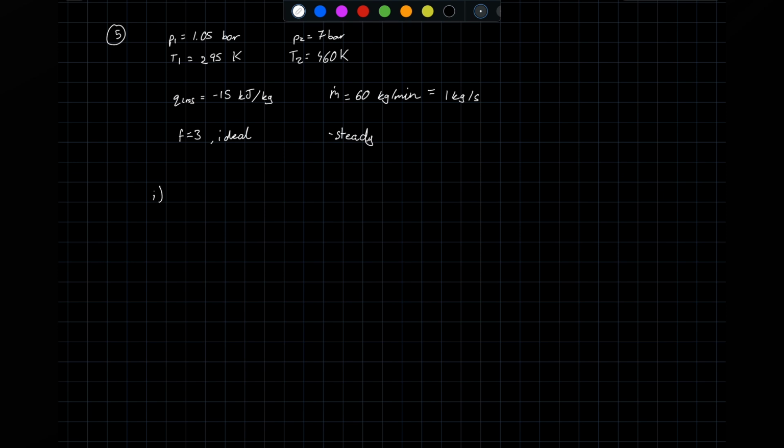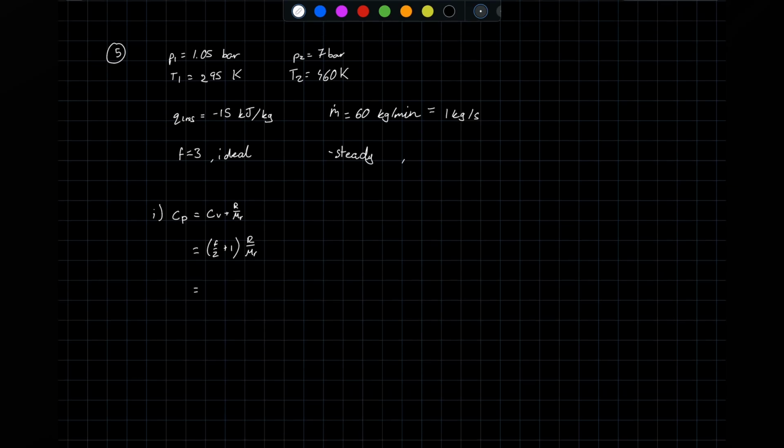Let's start by calculating our heat capacity. So Cp is equal to Cv plus R over mR, because remember we want the specific heat capacity with respect to mass. So this simplifies to F over 2 plus 1 R over mR, which if we plug in the numbers, we get 3 over 2 plus 1 times 8.31 over 4 times 10 to the minus 3.